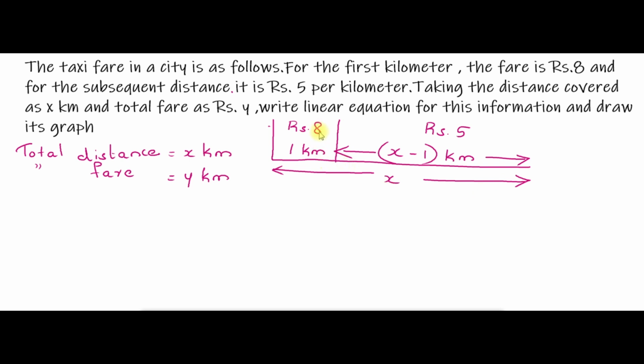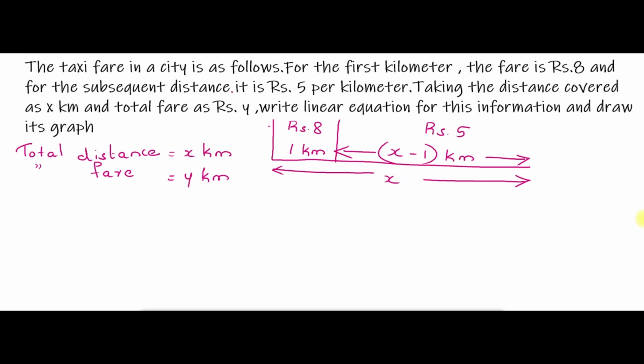For 1 kilometer it is ₹8, so you have to subtract this 1 kilometer from the total distance covered. So the subsequent distance will be taken as x minus 1, and for the subsequent distance it is ₹5 per kilometer.